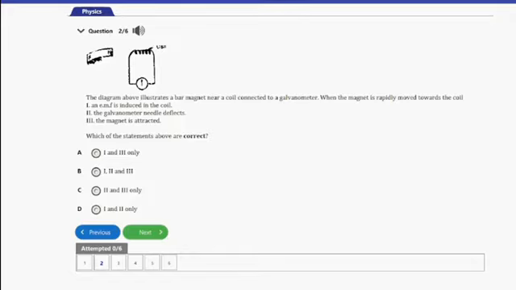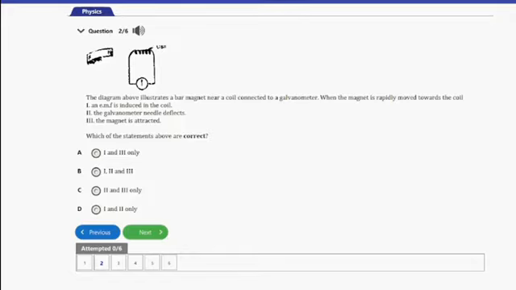Which of the statements above is correct? We have A, I and II, B, I and III, C, II and III only, D, I, II and III.